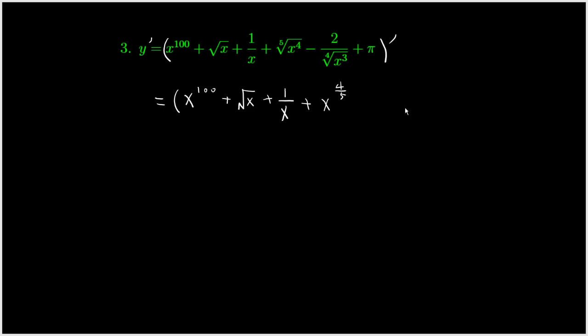And then likewise, I want to convert the next term to the form of 2 times, you know where this 2 is coming from, right? 2 times x to the power of negative, I think 3 over 4. I think I got this right. And then you just plus pi.